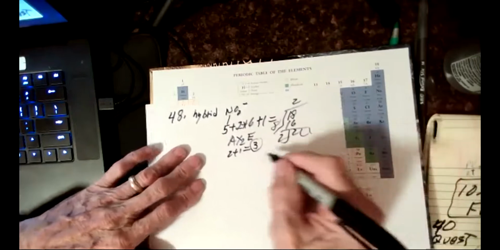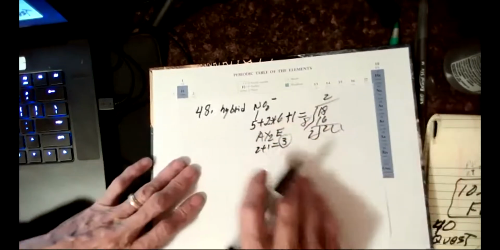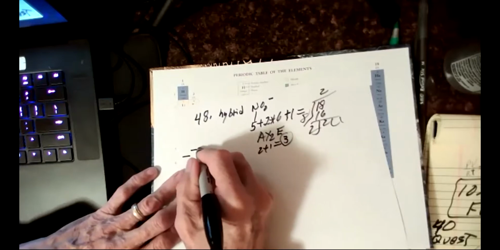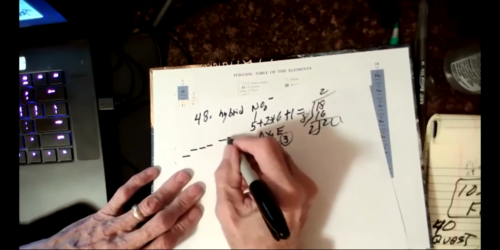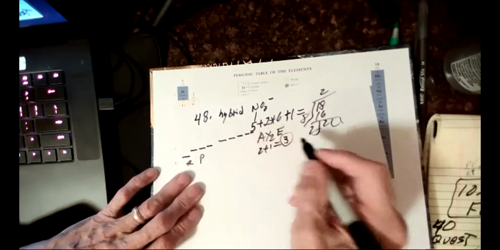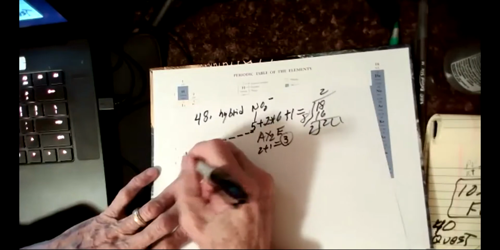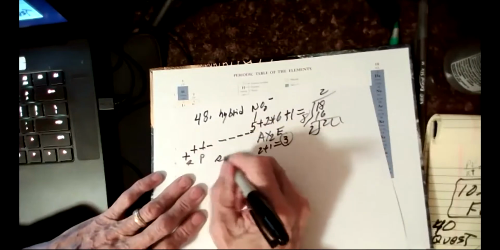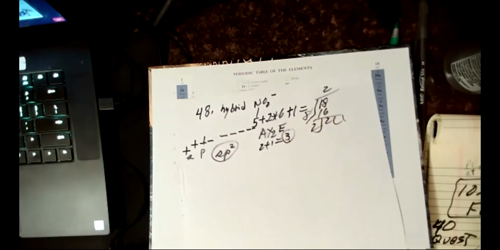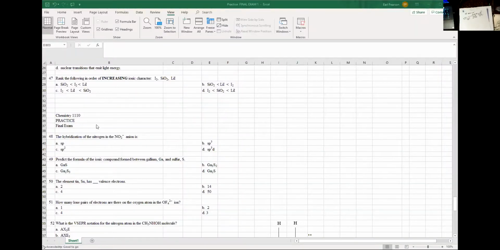So if I'm doing hybridization, I want hybridization for three things attached. So if I do the s orbital and three p orbitals, we have to consider d, but we're not going to get there. S and p. So I've got three, that's 1, 2, 3. That's going to be sp2. That's the answer to that one. And for 48, sp2 is C.